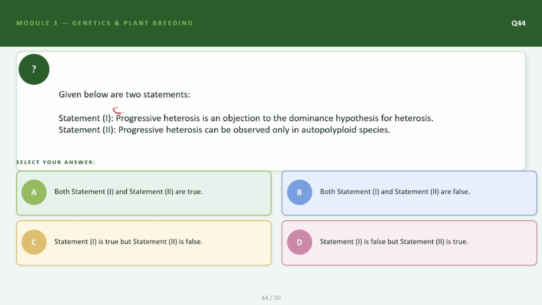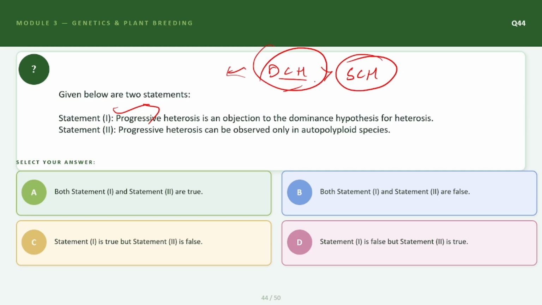Then the progressive heterosis, which I told you about in yesterday's class, where double cross hybrids are more heterotic than single cross hybrids. Okay. For example, I think last class I explained; you watched my previous videos, the important topic 2 video, we're going to get this point.